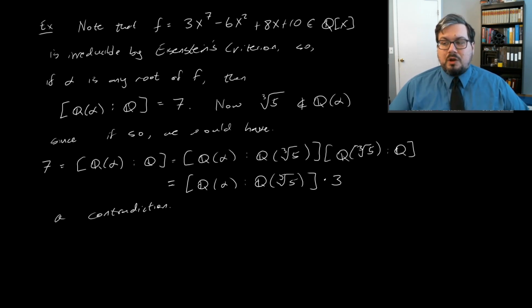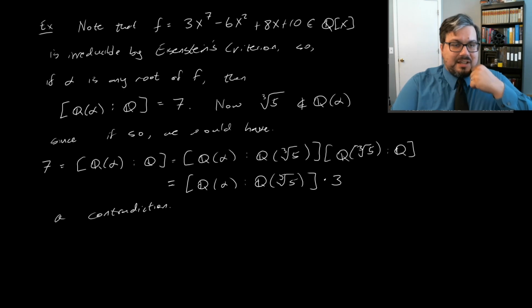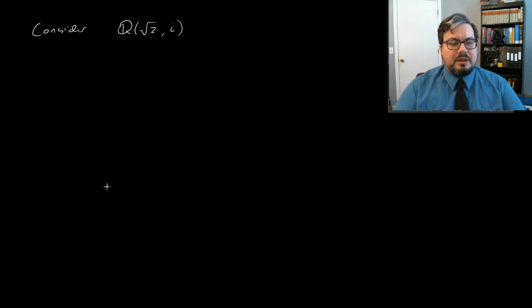All right, so we've got another topic to consider with regards to algebraic extensions, and so I want to consider the extension that we looked at in a previous example, Q(square root of 2, i).